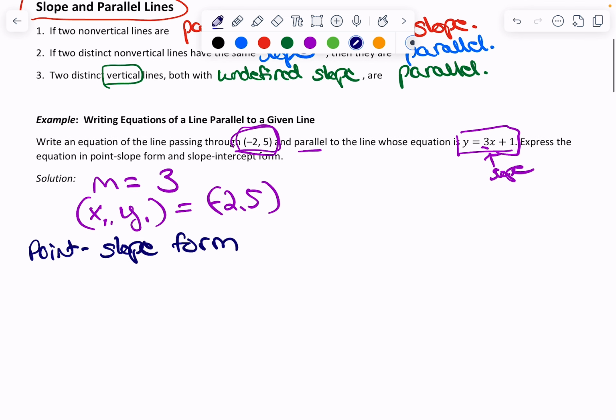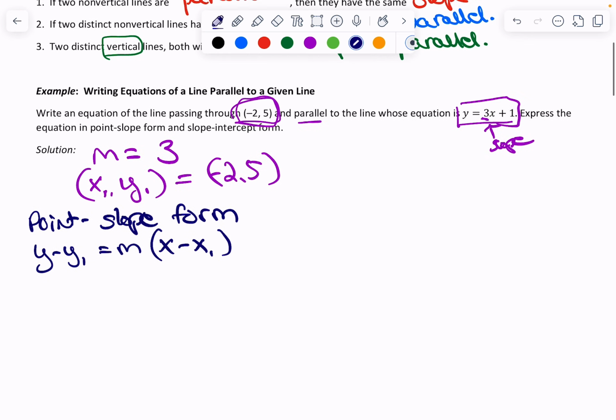So a reminder, the point-slope form is y minus y1 equals m times (x minus x1) inside parentheses. So we're going to go ahead and plug in: y1 is 5, m, the slope, is 3, x1 is -2.